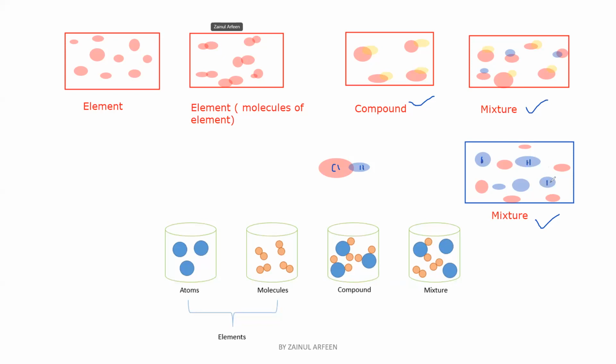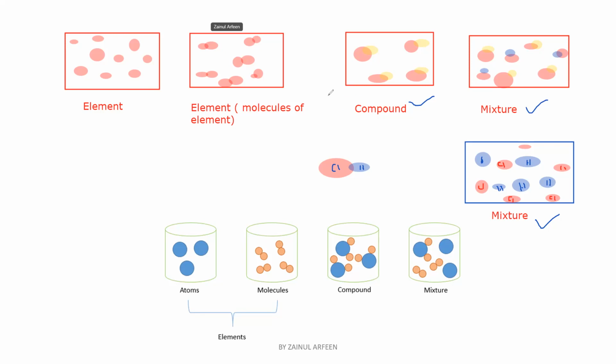When two or more atoms join chemically, the properties change as well. So the properties completely change. In a mixture, the properties do not change. But a compound will have totally different properties compared to the elements from which it is formed. Is the concept of element, mixture and compound clear?